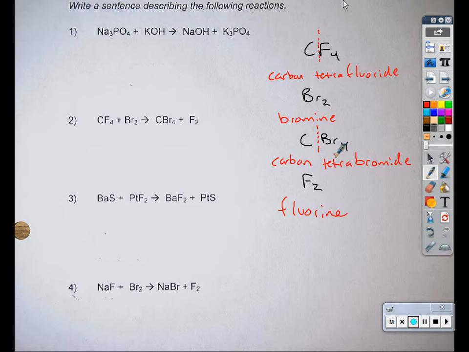Now let's go back and write our sentence, now that we know what everything is. So we start with the CF4. We know that's carbon tetrafluoride. Plus sign on the reactant side is replaced with reacts with. Br2 we now know is bromine.